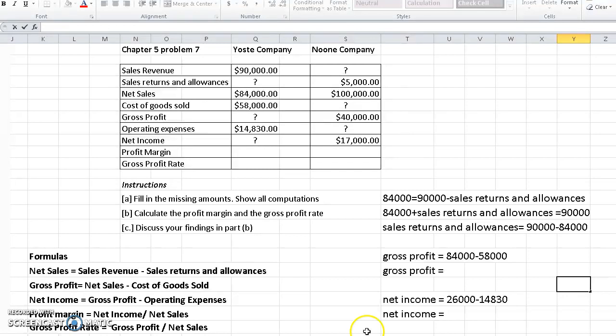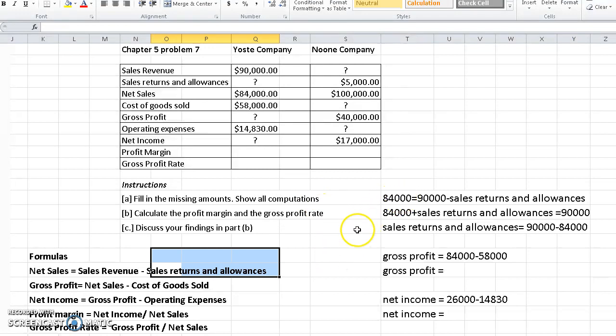So the first thing we're going to do is we have to find right here our sales return and allowances. Now we're going to use the net sales formula, which says sales revenue minus sales returns and allowances equals net sales. So let's plug in the numbers that we have. We have 84,000, which is our net sales, minus 90,000, minus sales return and allowances.